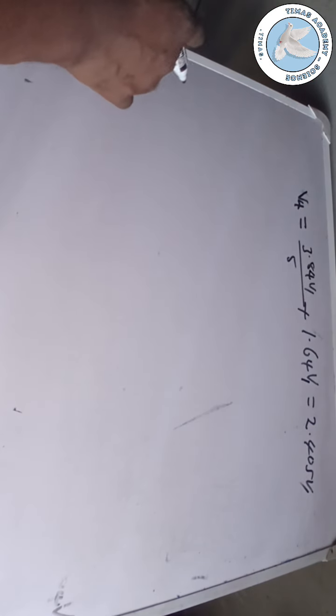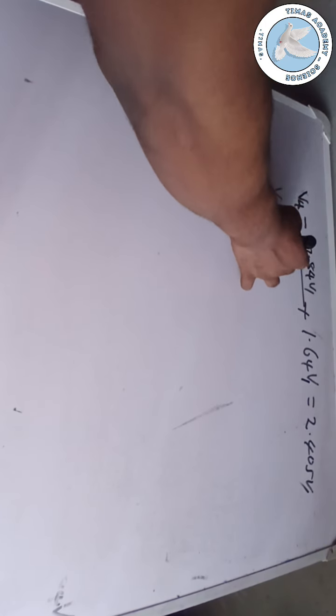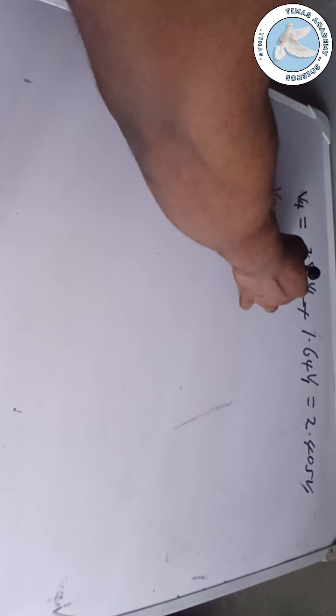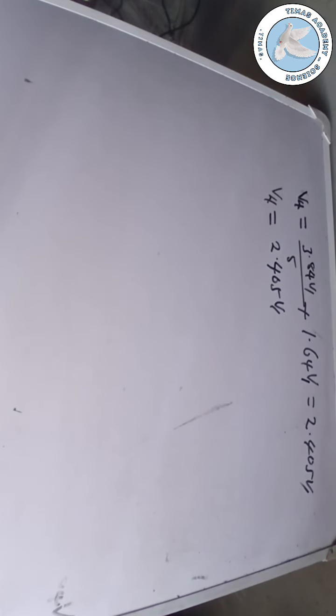So we've seen the value for V4 with respect to V1.